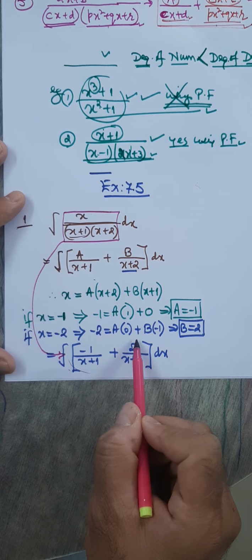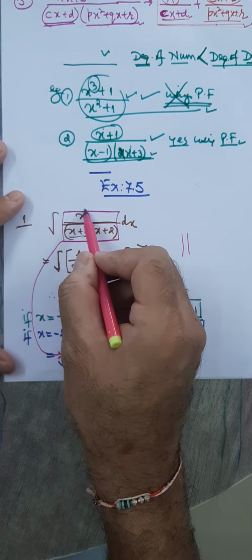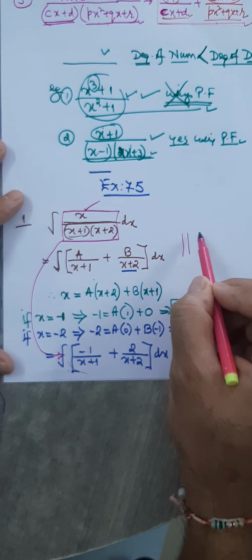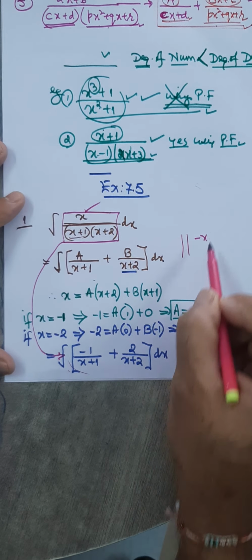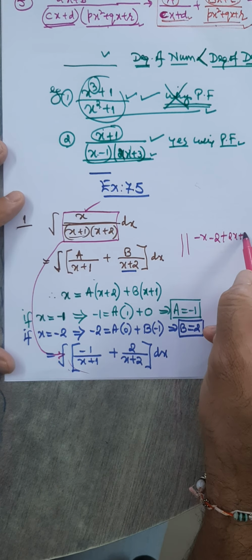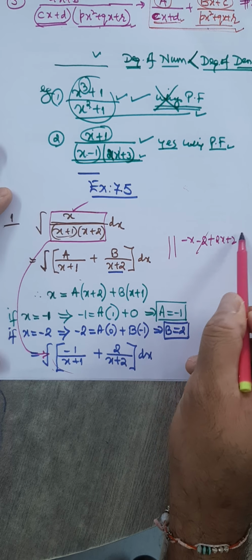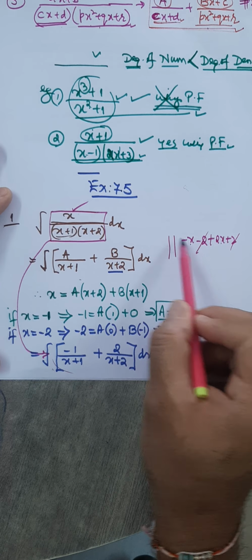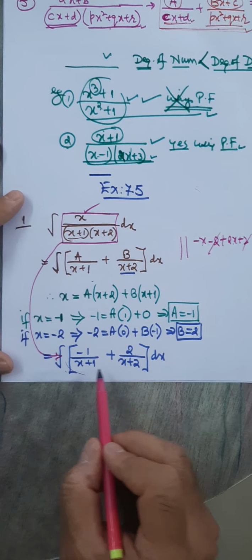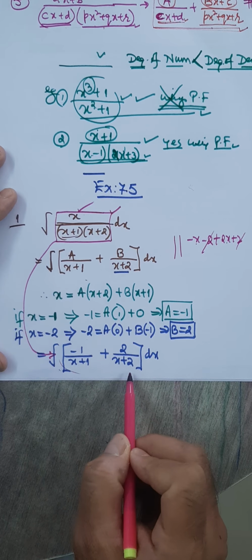If I do it in rough, if I take cross multiplication, the numerator will be x only. You see minus x minus 2, here 2x plus 2. This goes away, 2x minus x, so x. This is just for your information that this is the same as this, remember.